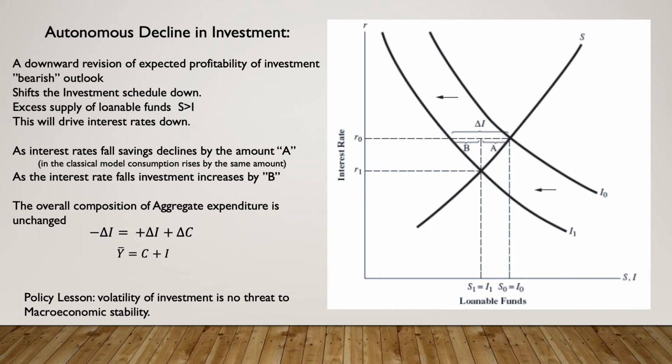What they're saying here is that you could have volatility in financial markets. You could have bullishness and bearishness. You could have wild swings in business expectations. And the interest rate would absorb those wild swings such that you didn't see a meaningful change in aggregate demand, right?